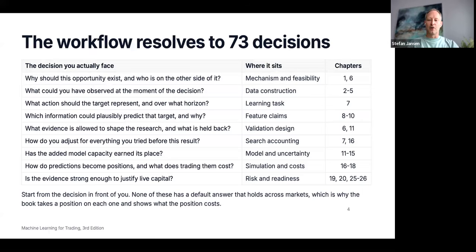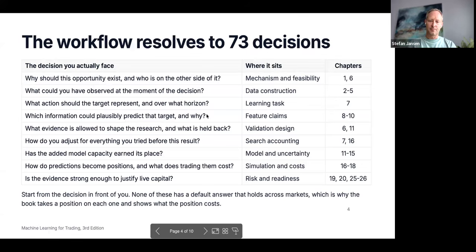All of these require taking a lot of decisions, and the book really is about laying out these decisions, explaining which options you have, how to think about these options, how to evaluate them, and then take a sound decision in each of these steps along the decision process. And that then ultimately leads you to live deployment.